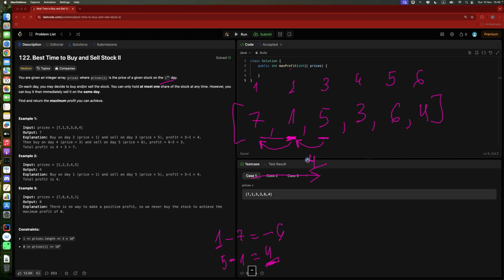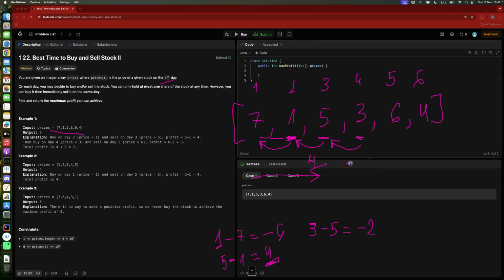We made one transaction. We are looking at this example. Then we will be standing here and we look at the previous element and we say, okay, 3 minus 5 is equal to minus 2.